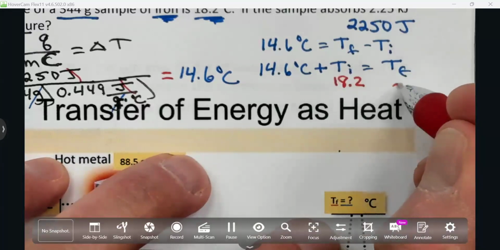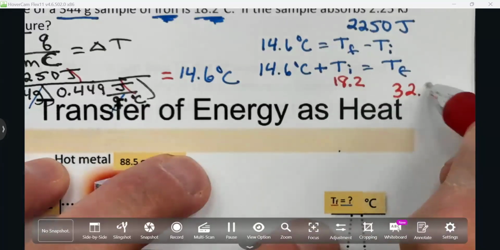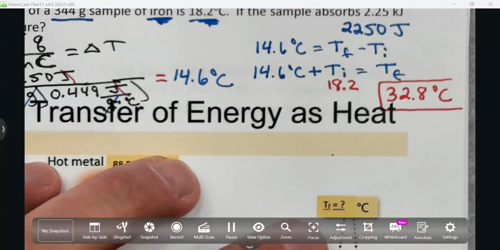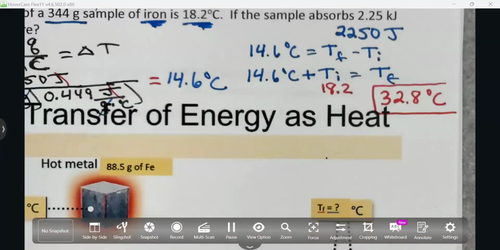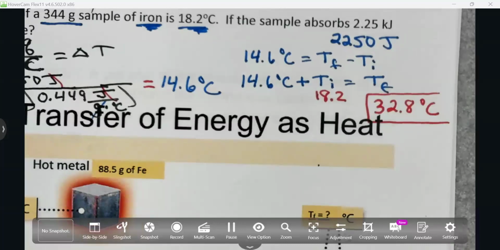So I am finally going to get 32.8. So Q is equal to MC delta T. All right, let's go to the next level with that.